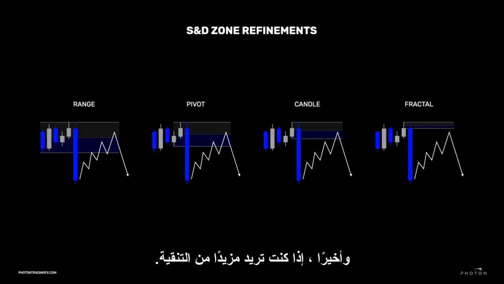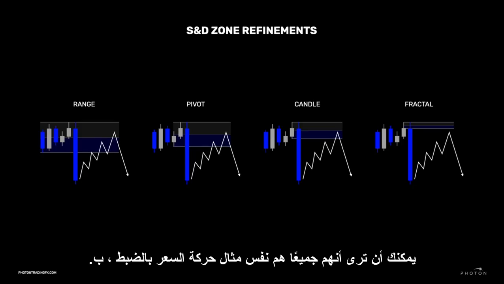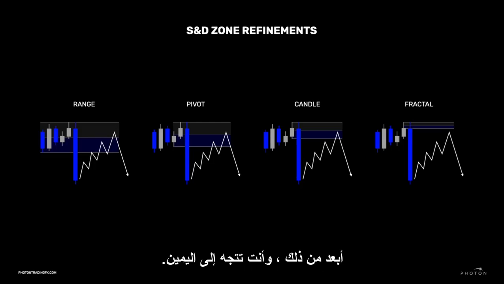And then finally, if you want even further refinement, you can draw the supply zone from just the wick of that last bullish candle of that pivot point within that entire range, okay? So you can see how going from left to right, they are all the exact same price action example, but you are just refining it further and further as you go across to the right.